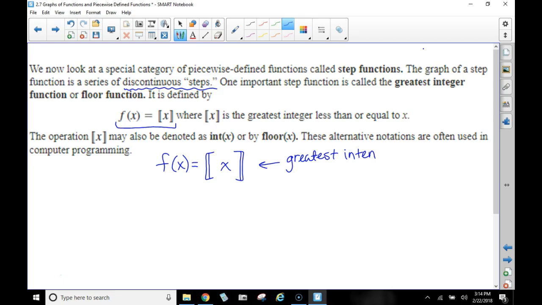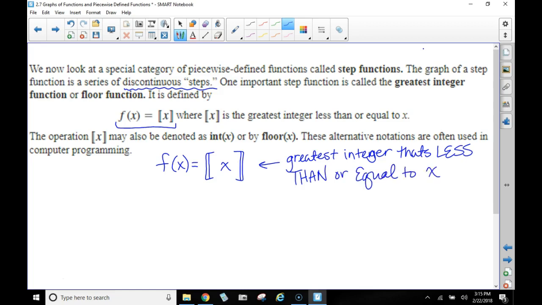I-N-T-E-G-E-R. There's the word integer. That is less than or equal to the input value x.